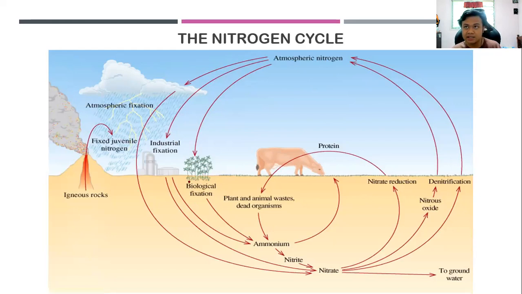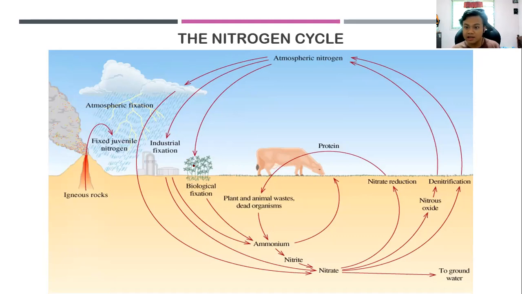The bacteria are found in leguminous plants, for example, peanuts. So it will fix nitrogen, and it actually makes its own fertilizer.